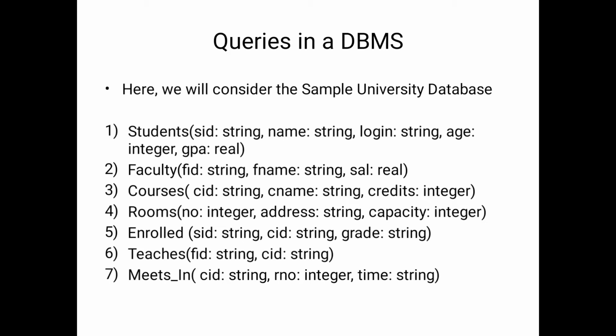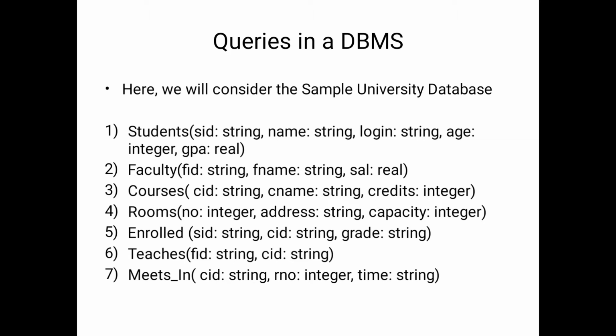In the students table, we will consider the fields student ID as a string, student name as a string, login as a string, age as an integer, GPA as a real. In the faculty table, we will consider faculty ID, faculty name, salary. In the courses table, course ID, course name, credits.